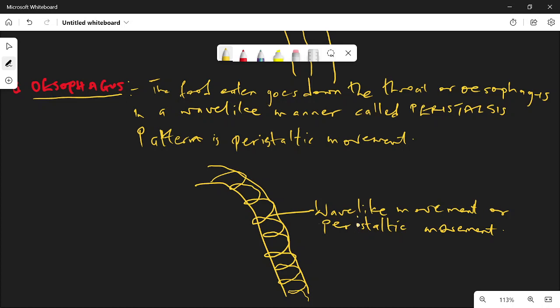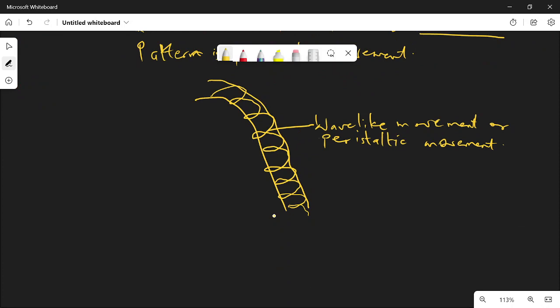So that is what we refer to as peristalsis. That is what happens in the esophagus, or the gullet, or the throat, as the case might be. Are we together? And after that, the food goes into the stomach. That's the next organ that we'll be treating now.